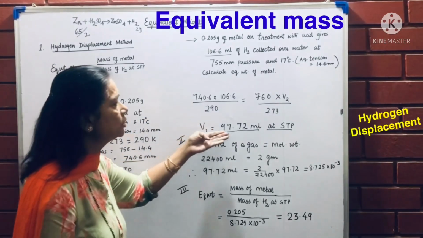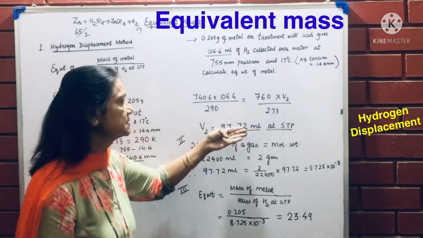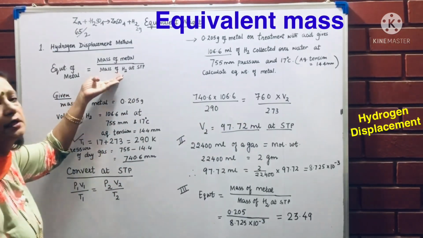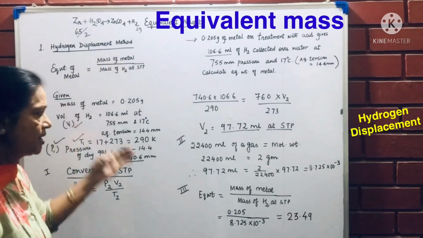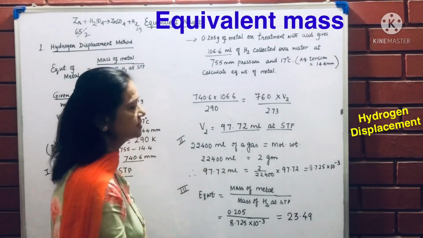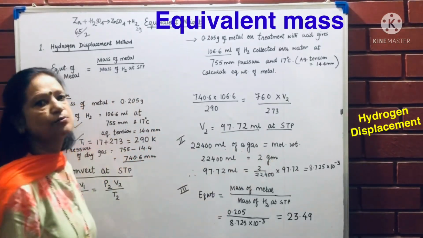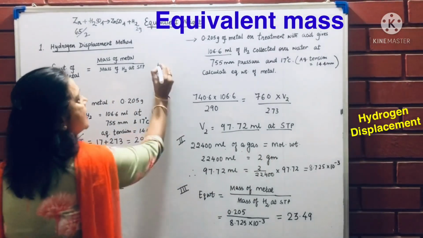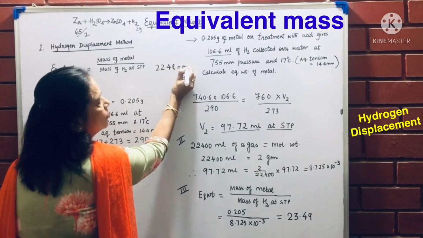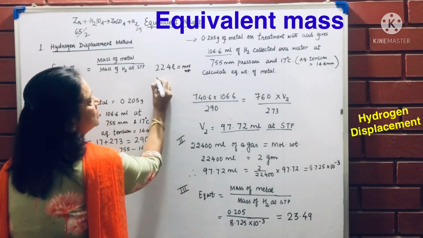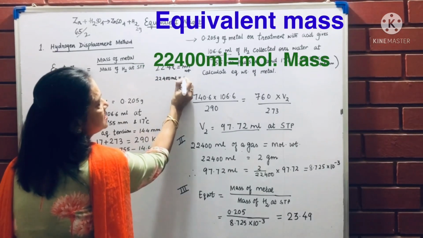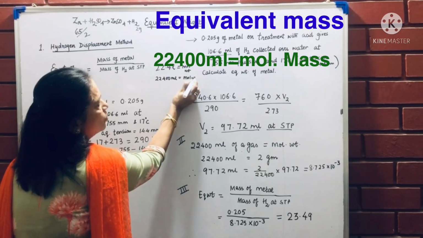Now since this gas is represented here in terms of volume and I want it in terms of mass, remember that 22400 milliliters of any gas is always equal to its molecular weight. I can write 22.4 liters is equal to molecular weight, or if I am changing the unit, it becomes 22400 milliliters is equal to molecular weight.